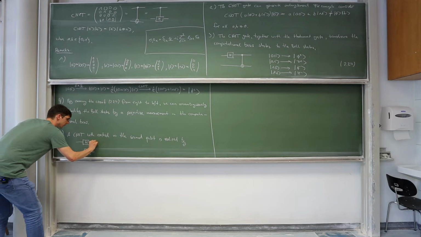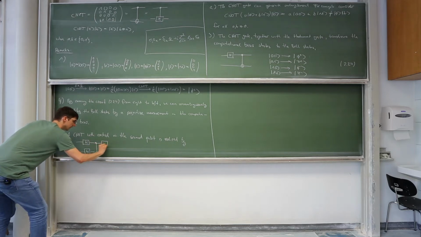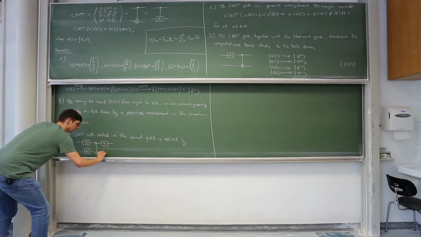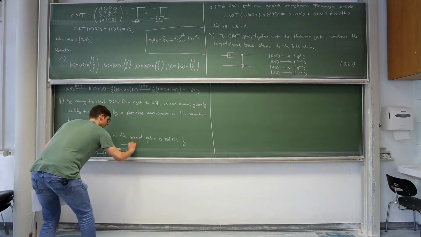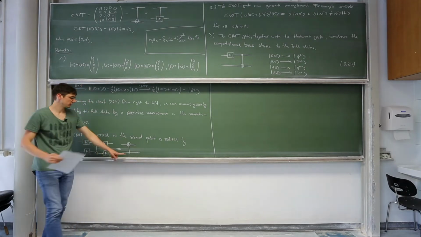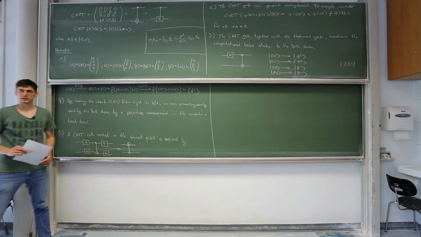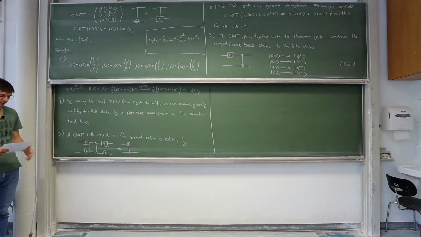Then I perform a CNOT-gate, and then I Hadamard again. And this is equivalent to a CNOT-gate which has control on the second qubit. And I think you're going to calculate this in the exercise.